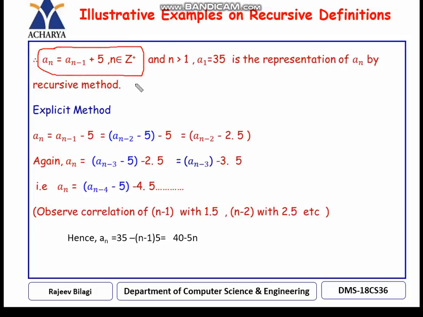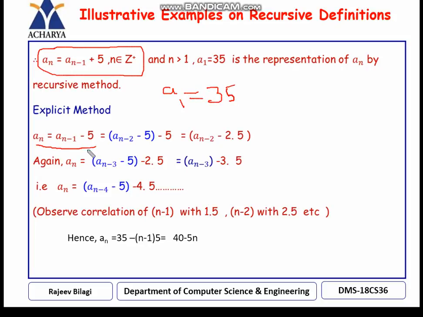Now we shall look back at this particular problem, where by using the recursive method, how we are going to obtain the same sequence in the form of the explicit method. So the given recursive relation is an equal to an minus 1 minus 5 with a1 equal to 35 as the initial value.